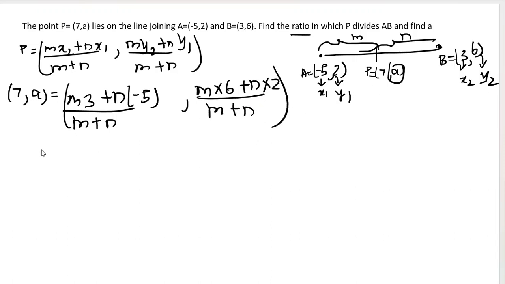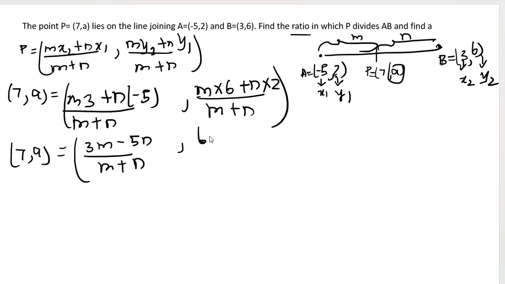I've copied everything from here. So we are left with (7, a) equal to ((3m - 5n)/(m + n), (6m + 2n)/(m + n)). Now we use a trick.